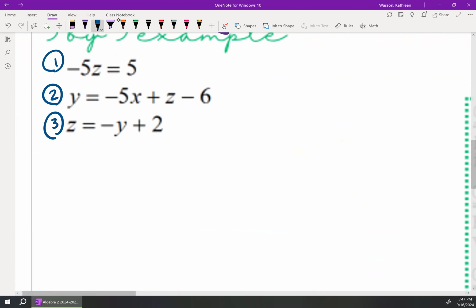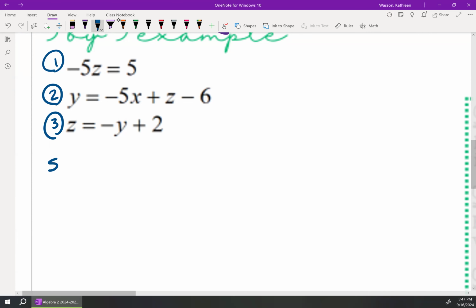So first, I need to start with an equation that is solved for x, y, or z. And I do have a y equals equation, but it has x and z in it, and I don't know what x is, and I don't know what z is. So I won't start with this. I also have a z equals equation, and it's equal to negative y, and I don't know what y is. The first equation that would be simple to solve for a variable is equation 1.